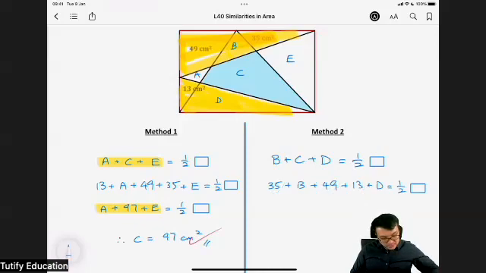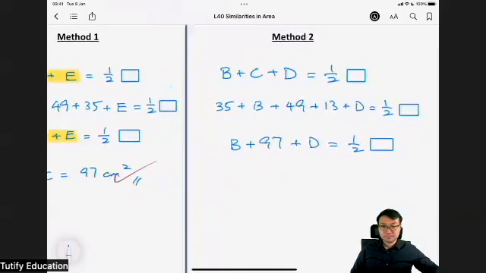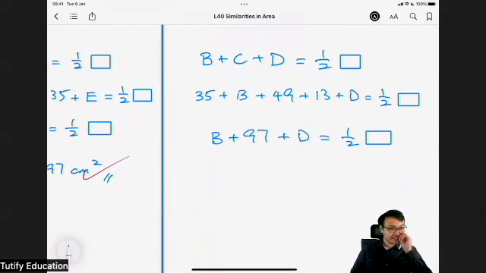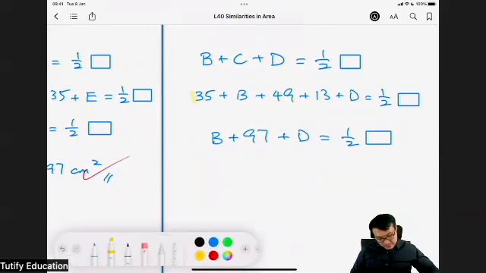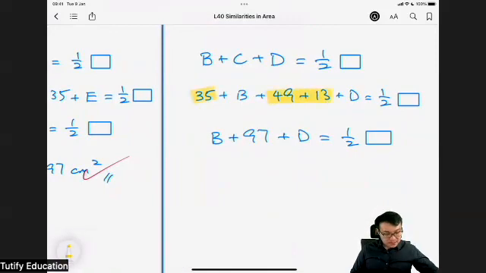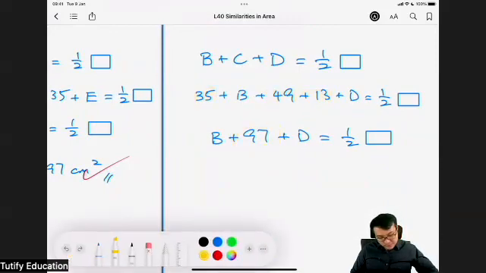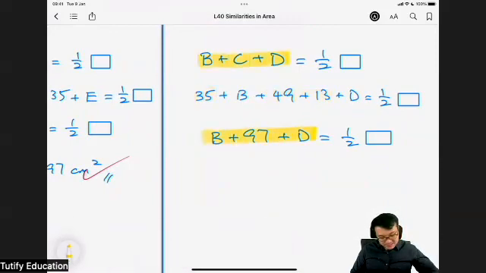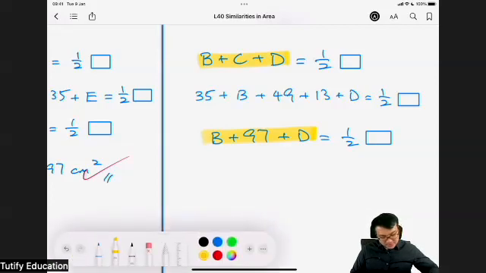So now I'm going to write down B plus 97 plus D equals to half. Do you get it? Yes. Because we already added all the numbers together and we got 97, right? So now you compare this and you compare this. What are you going to say?